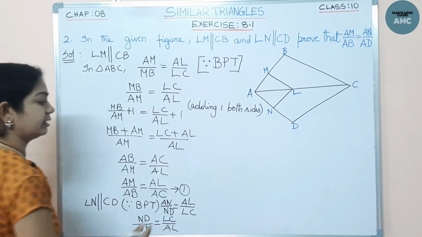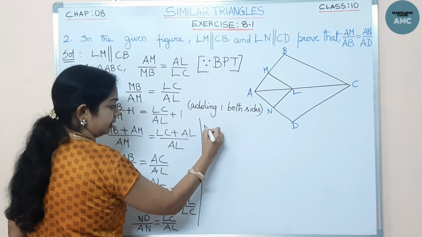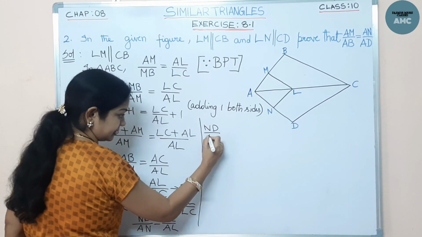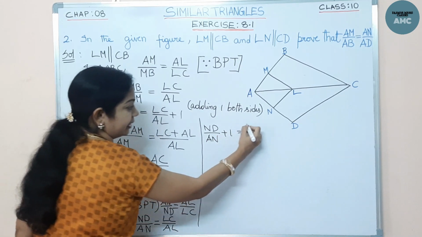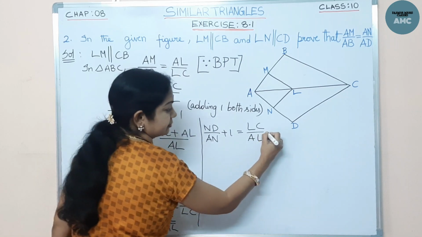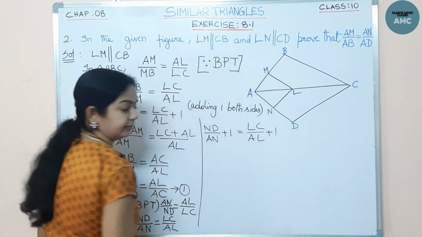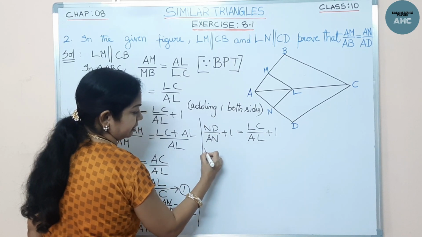Then adding 1 on both sides: ND by AN plus 1, and on this side LC by AL plus 1. Now let's do the LCM part here.